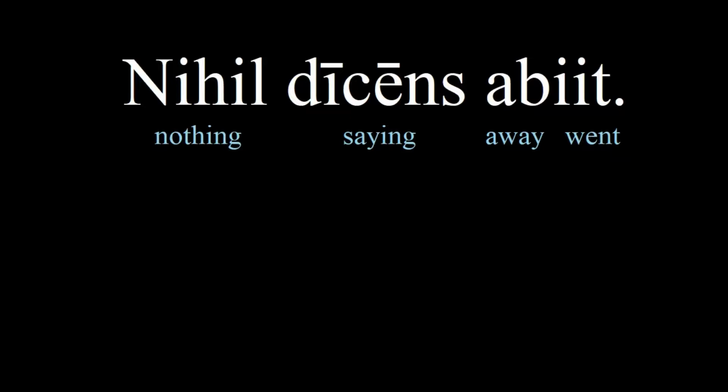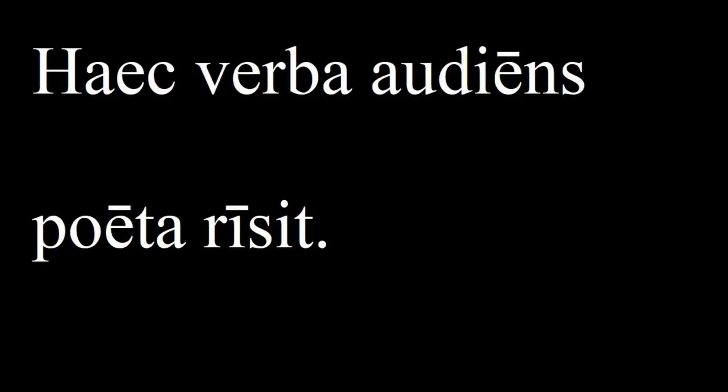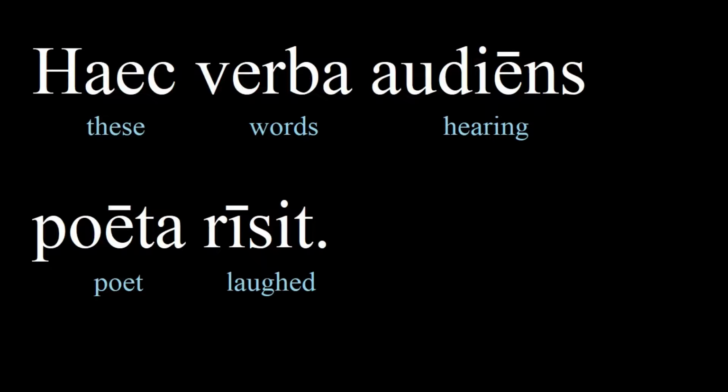Let's look at another one. Haec verba audiens poeta risit. Hearing these words, the poet laughed. Verba and word both came from an older Indo-European word, which is why they sound very similar.